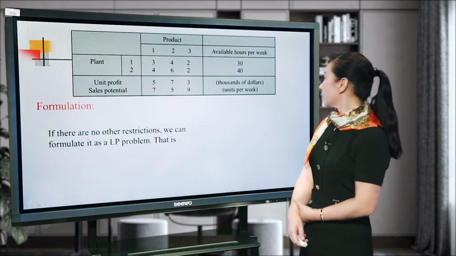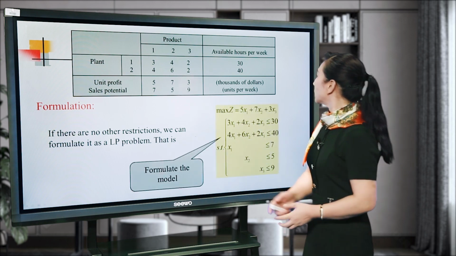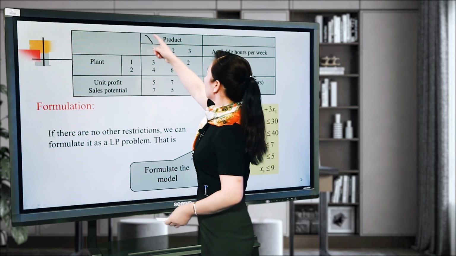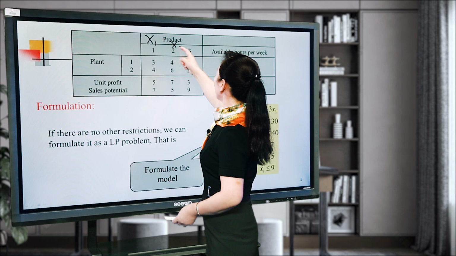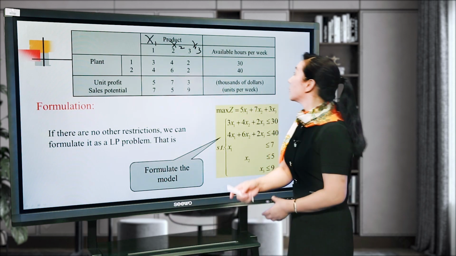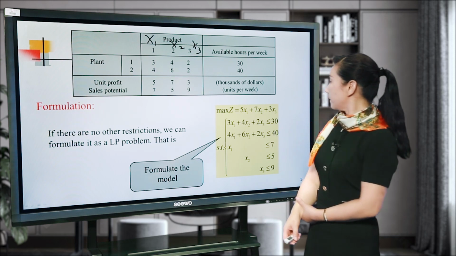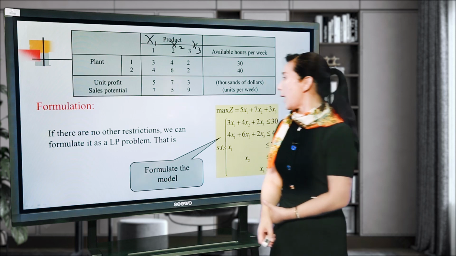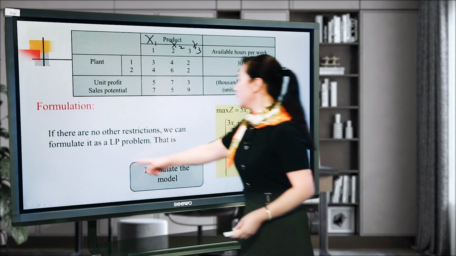In this program, we set the decision variables x1 as the amount of product 1 produced, and x2, x3 the amounts of products 2 and 3 produced. If we think there are no other restrictions, we can formulate it as an LP program.